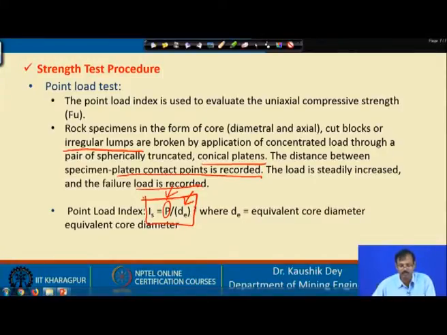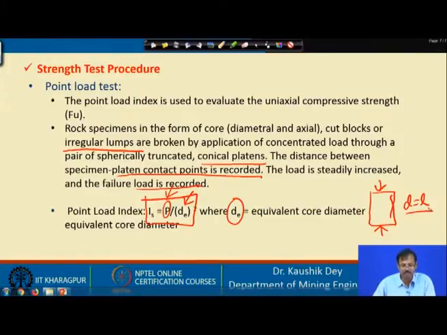If we go for diametrical loading of the core sample, then it is the equivalent core diameter, and the same applies to any specimen placed here. In the case of a standard specimen, it is loaded axially, not diametrically, with D equal to L loading.